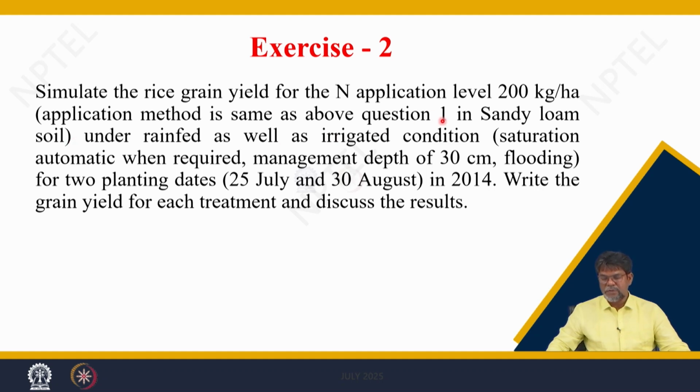We take sandy loam soil and nitrogen fertilizer at 200 kg per hectare under two water management conditions, rain fed as well as irrigated. We go for the rain fed simulation where there is no irrigation, and for the irrigated conditions with automatic irrigation when required, management depth 30 centimeter, flooding conditions. I have already shown you the automatic option in the previous weeks.